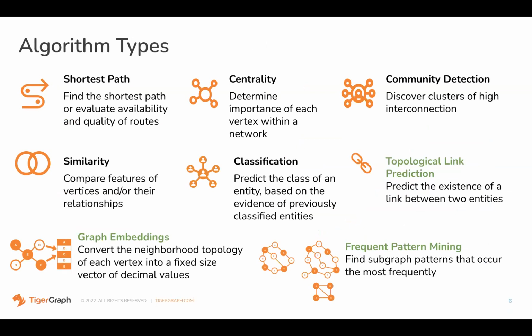Just recently, last September, as highlighted in our previous webinar sessions, we added several new categories. Topological link prediction algorithms, such as common neighbor, produce a score measuring the closeness of a given pair of vertices. One can then use this score to make a link prediction between 2 nodes.